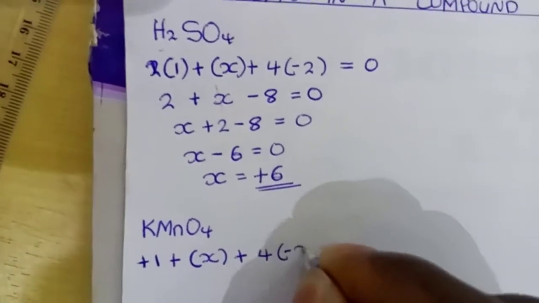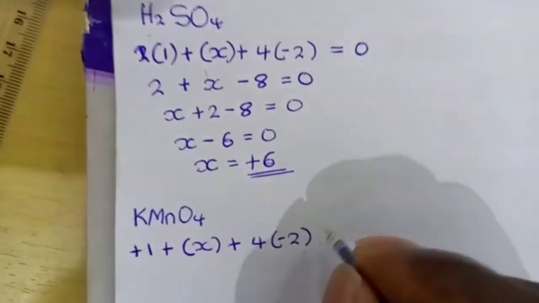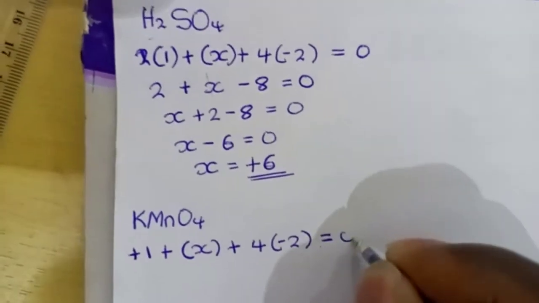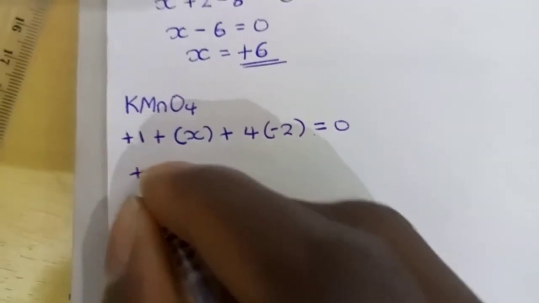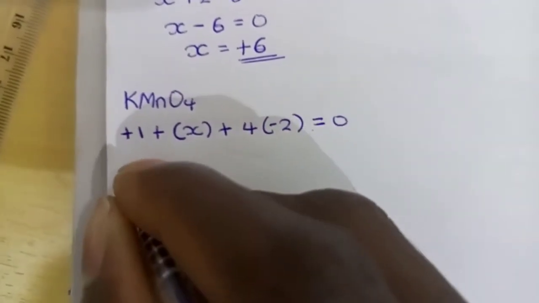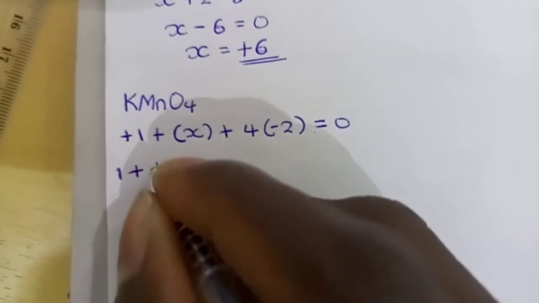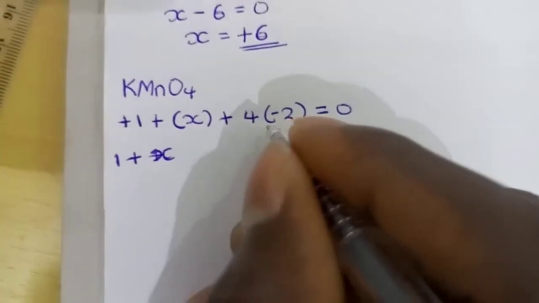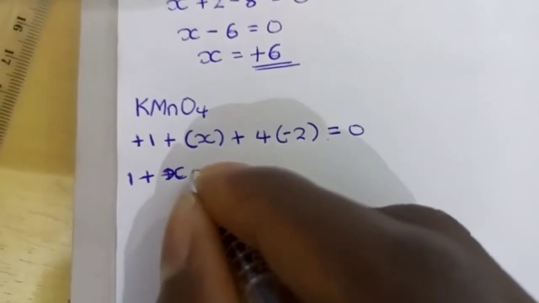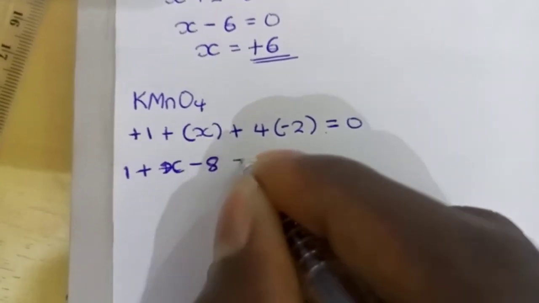-2. This is a neutral compound, so you equate everything to 0. So 1 plus X, 4 times -2 will give us -8, equal to 0.